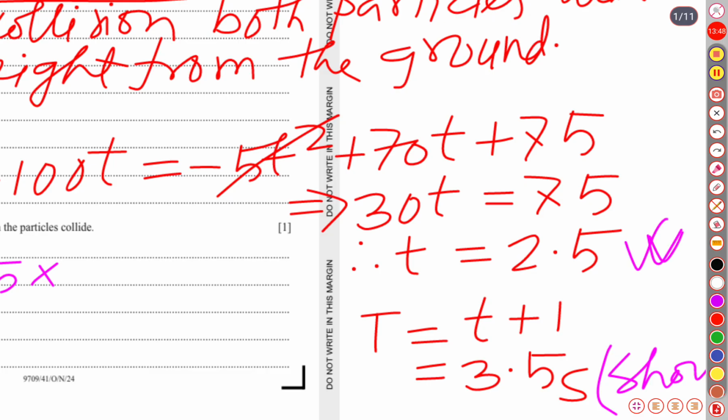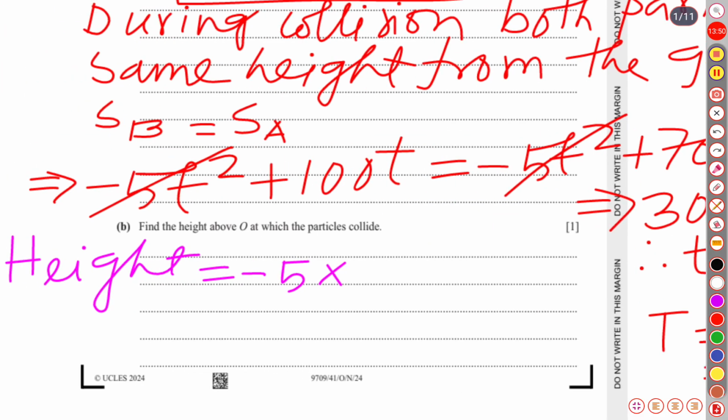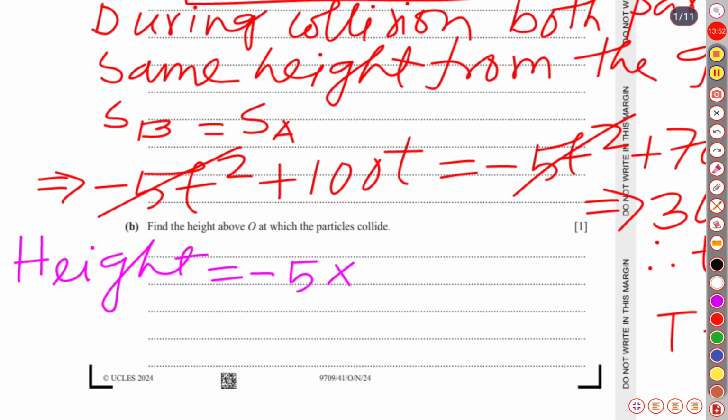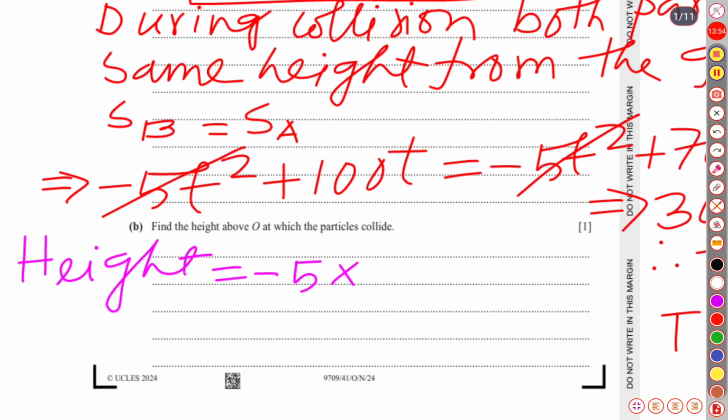So the value of t is 2.5 seconds. Minus 5 times 2.5 squared plus 100 into 2.5.